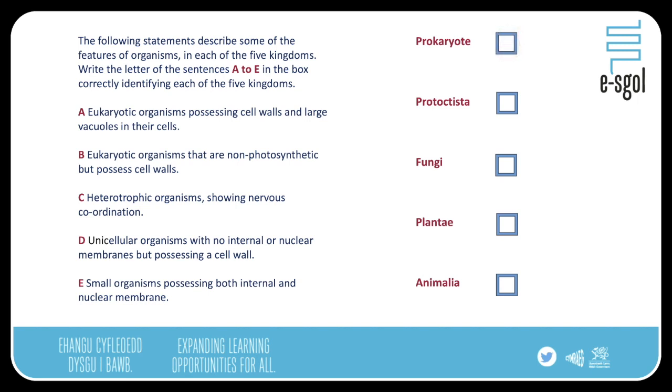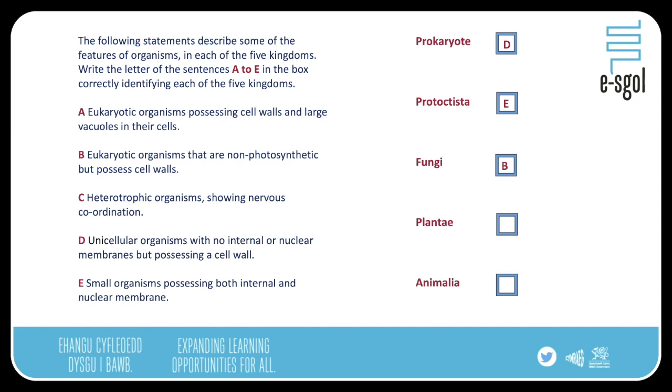Prokaryote. D. Unicellular organisms, with no internal or nuclear membranes, but possessing a cell wall. Protoctista. E. Small organisms possessing both internal and nuclear membrane. Fungi.